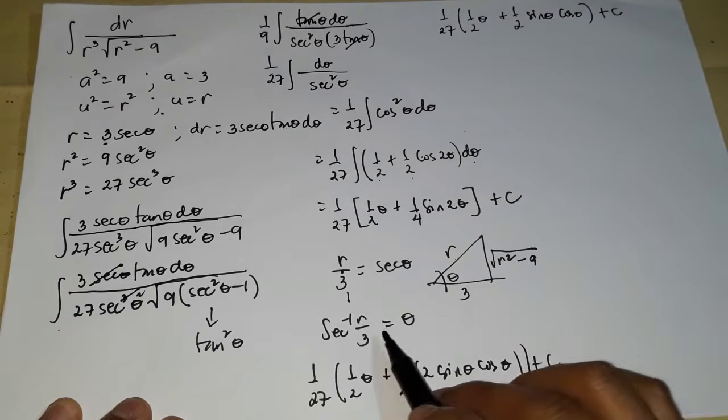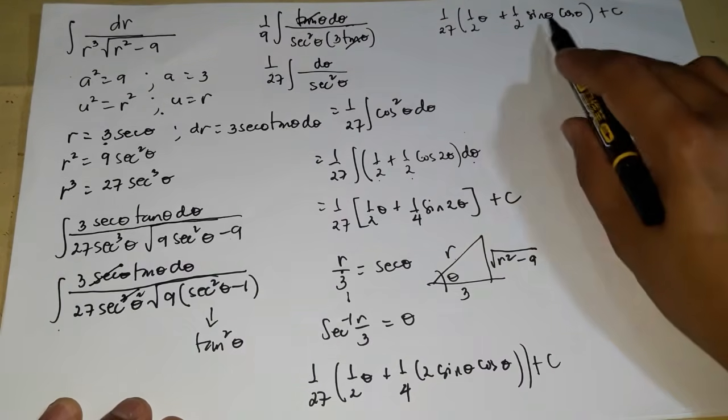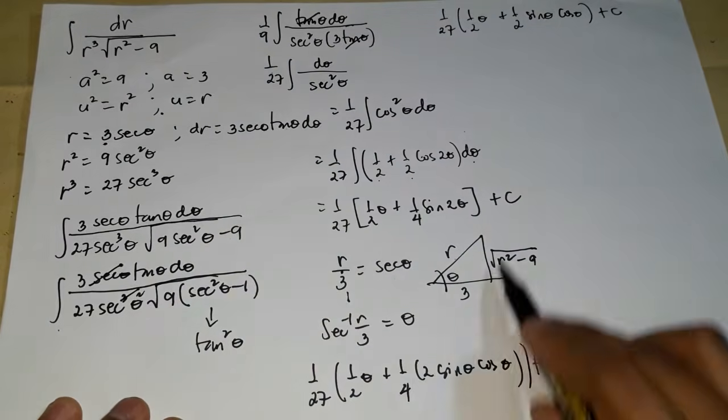And then we can now replace everything here. We can now write this back in terms of r by using this triangle.